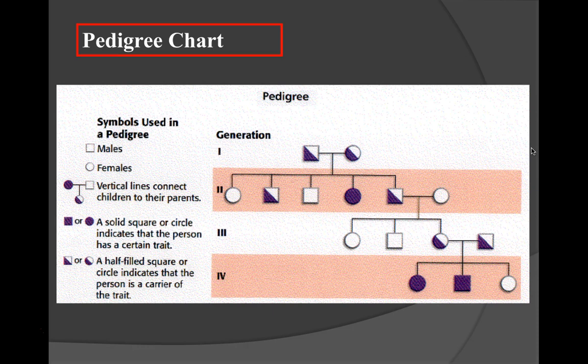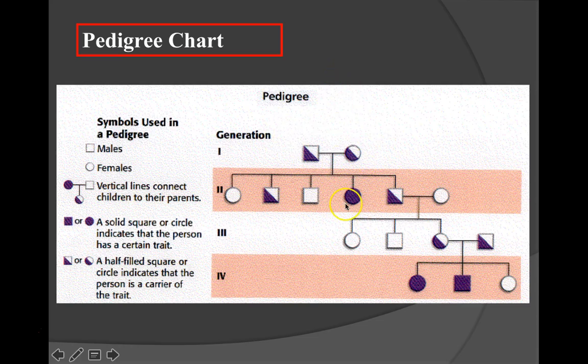So autosomal dominant would mean that you can have a complete 50-50 probability of males and females getting it, and you would see at least one fully shaded individual in each of these generations. And to me, it's not looking like we're seeing that, because these are carriers up here.